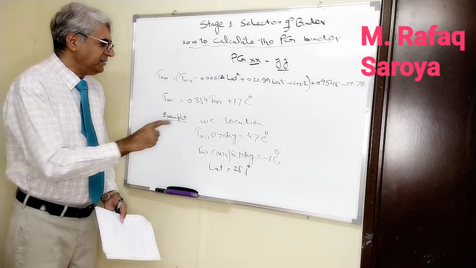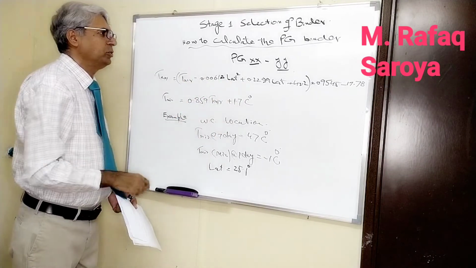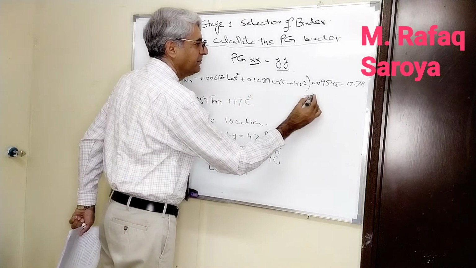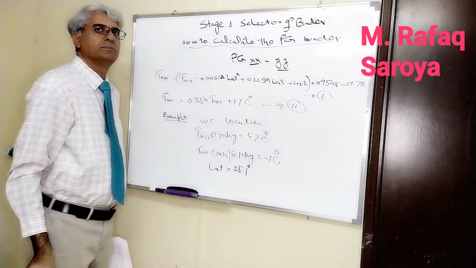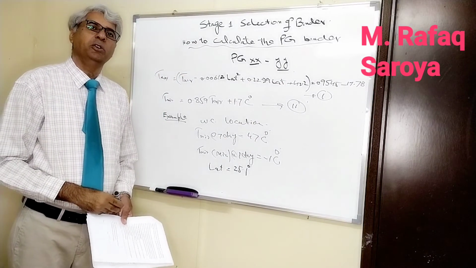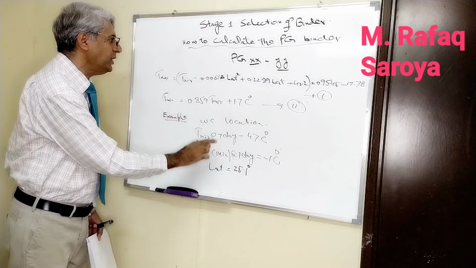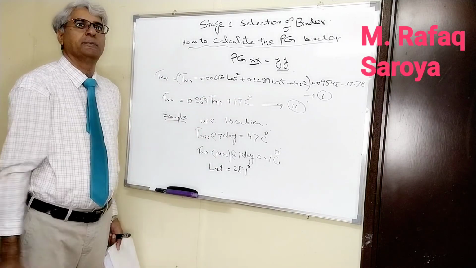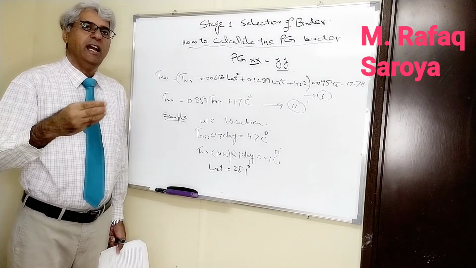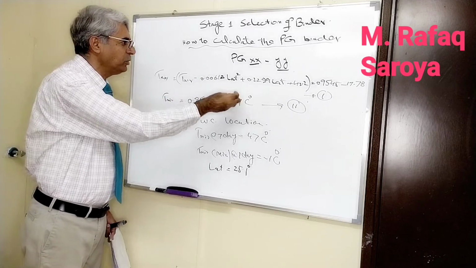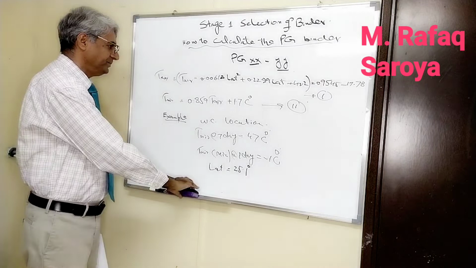If I put these values in equation number 1 and equation number 2, these are the three values we put in these two equations. You are qualified, educated engineers, so I am not going to do it all, I will just give you the end result.